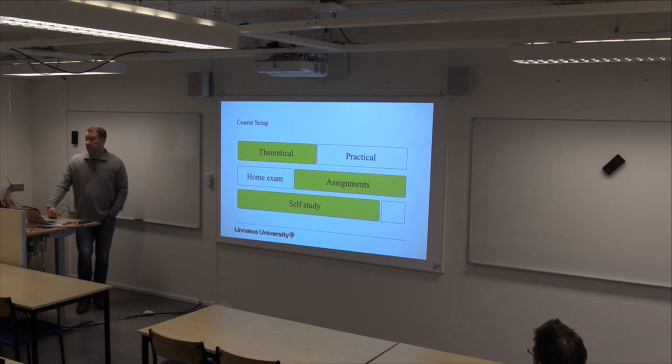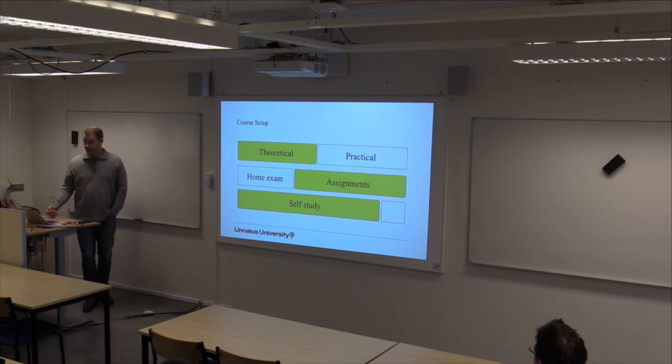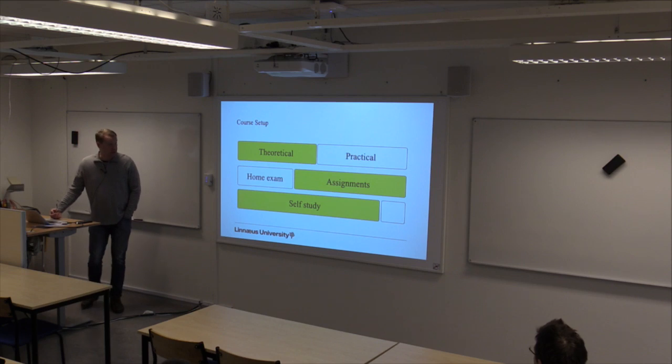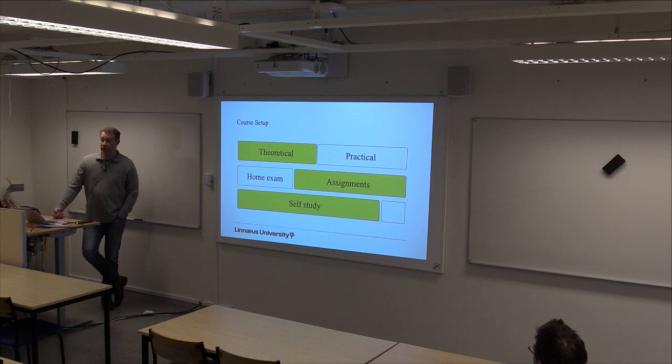And a 50-50 means that you should spend 100 hours on the theoretical part and something like 100 on the practical part. The load is not 50-50 throughout the course. It means that we spend more on theory in the beginning of the course, and then gradually we shift more to the practical side in the last 5-6 weeks.